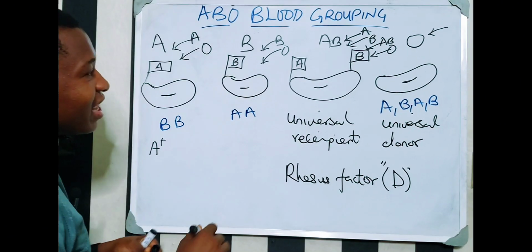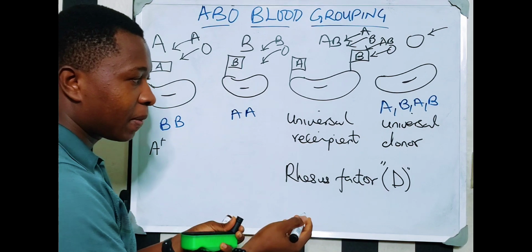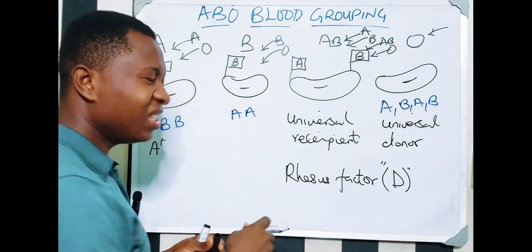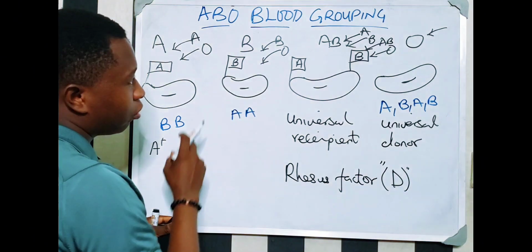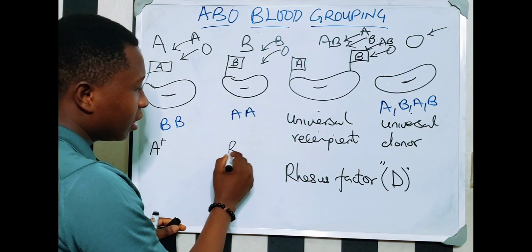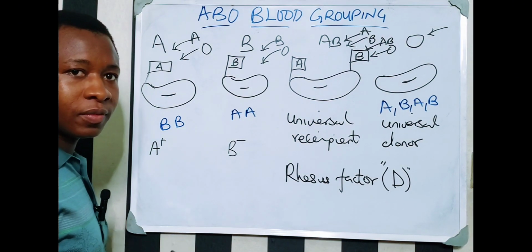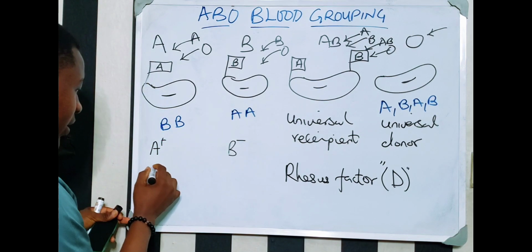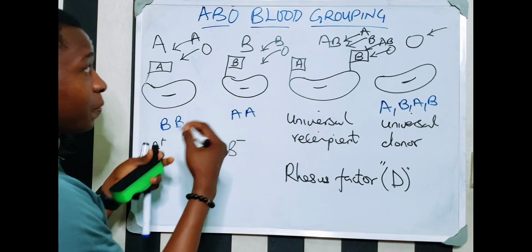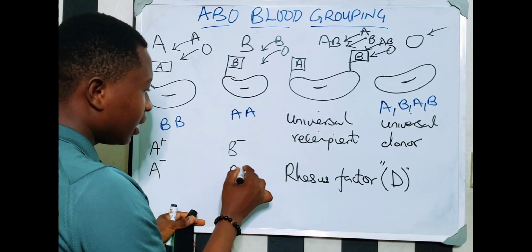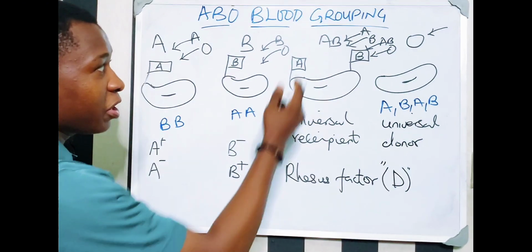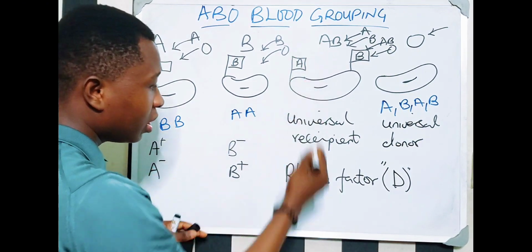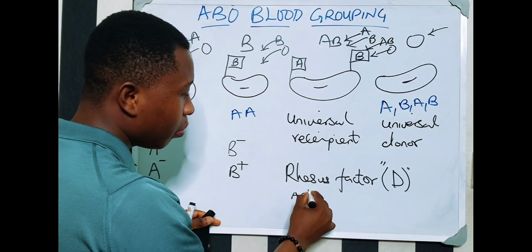Okay, if it is negative, if the Rhesus factor is not present in a blood type, let's assume blood group B, it will be B negative. If it's not present in A, it will be A negative. If it's present in B, it will be B positive. The same way here, if it's present in AB, it will be AB positive.